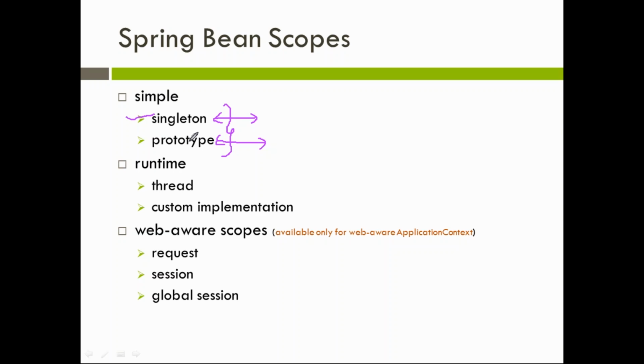Can you give me an example where prototype scope is going to be required? Suppose, for example, every time you log in to the system, different users will log in, right?